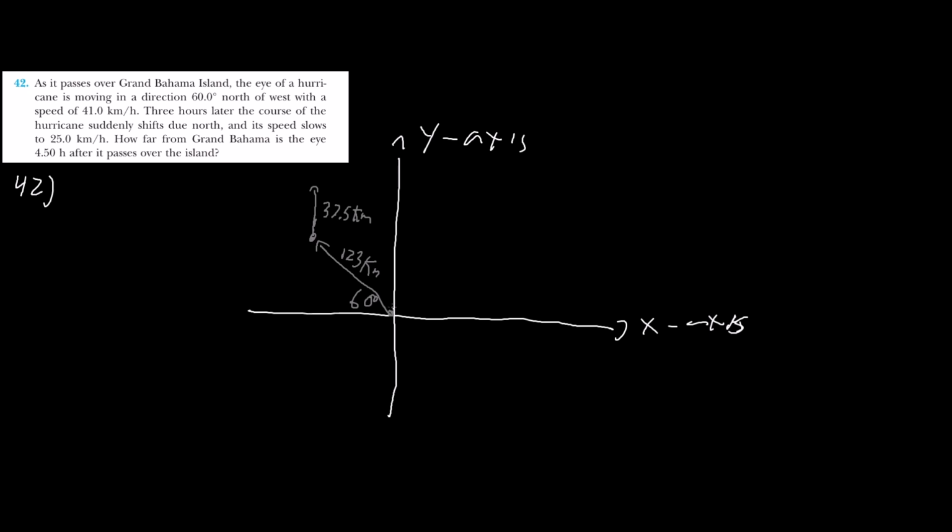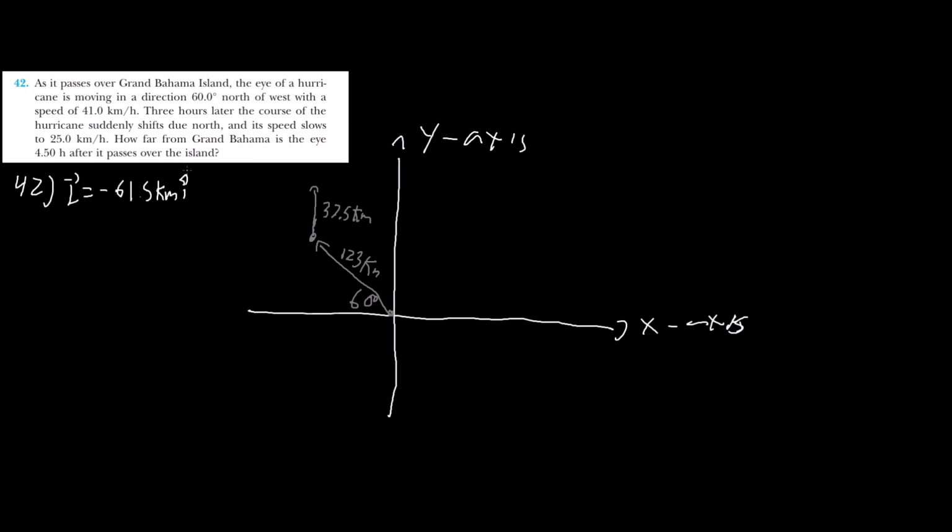Also, we're going to be taking the vector difference between those. So I'm going to take 123 cosine of 60 degrees. So the vector difference, the position vector, I'm going to call L, is going to be negative 61.5 kilometers in the i hat direction.